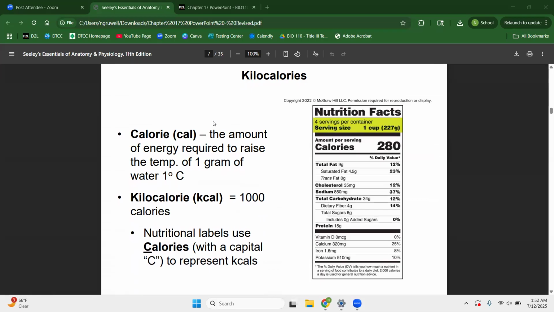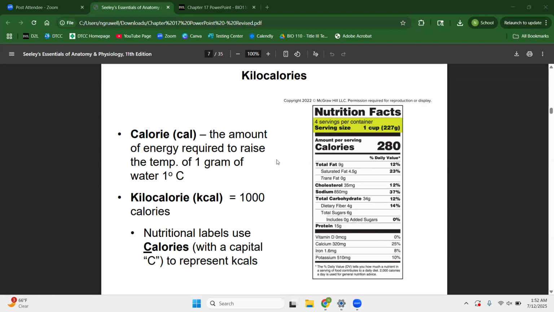One lowercase c calorie is the amount of energy required to raise the temperature of 1 gram of water 1 degree Celsius. Also remember C for calories, C for Celsius, so don't make that Fahrenheit. So that's a little c, a lowercase c calorie: the amount of energy required to raise 1 gram of water 1 degree Celsius.